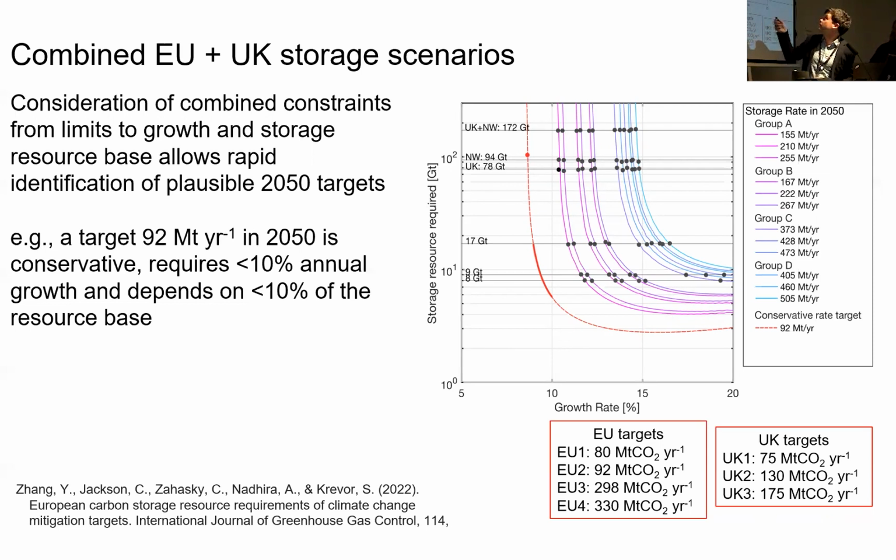And if the points, and each of these is a scenario, fall more on the horizontal side of the curve, then you can identify them as storage resource limited. So far, every set of scenarios we've analyzed has fallen well onto the vertical side of these curves, and exactly, they're not storage resource limited.